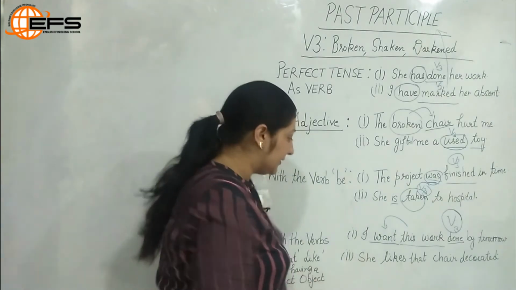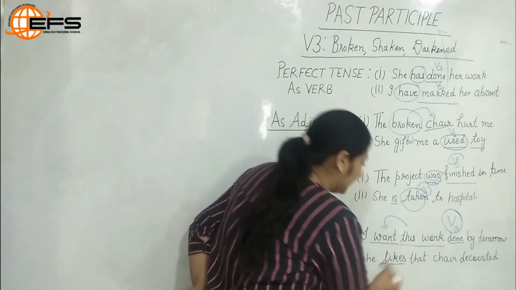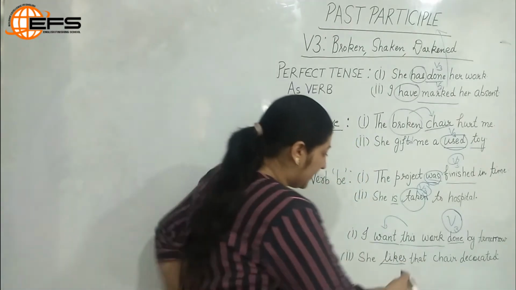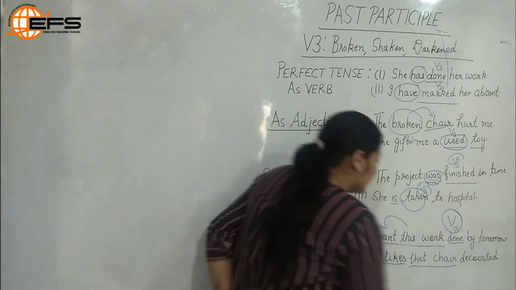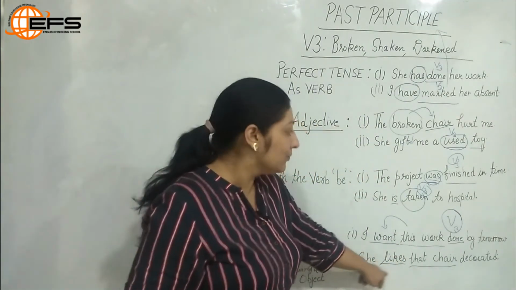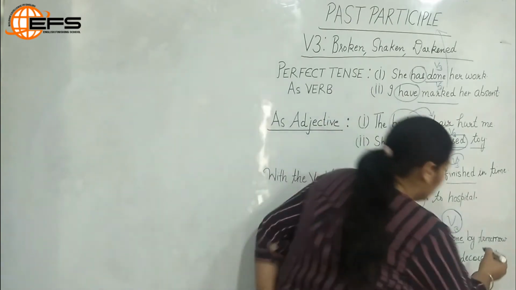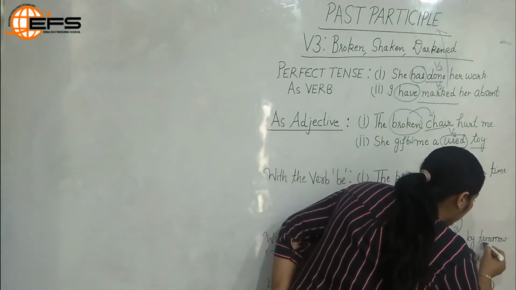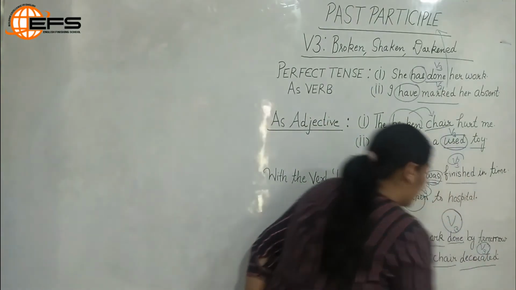Then another example will make it more precise and clear. She likes, now here we have the verb likes. Then we have one direct object, that chair. She likes that chair, where that chair is the direct object to the verb likes, and decorated is the third form, that is, the past participle form and also a non-finite verb.